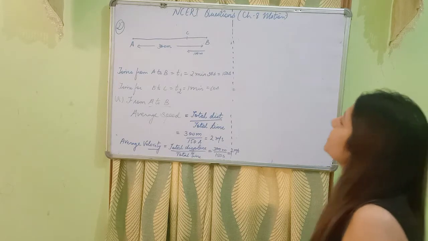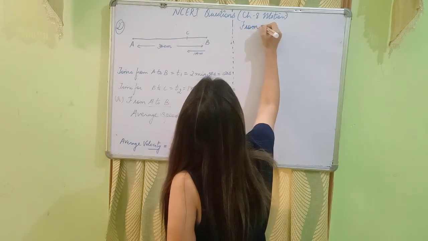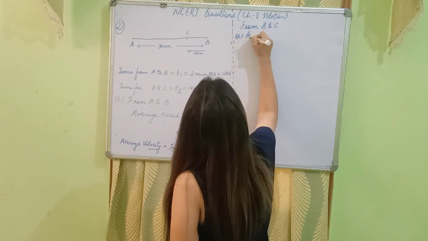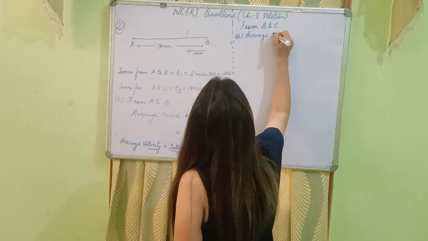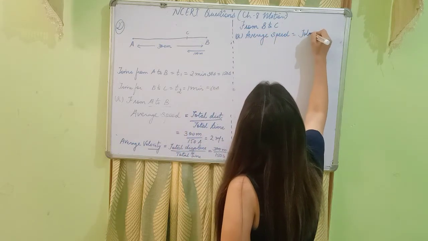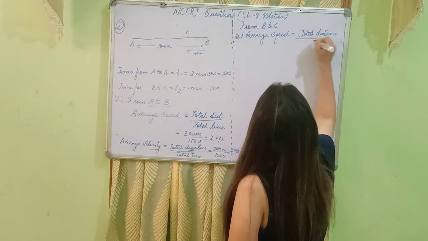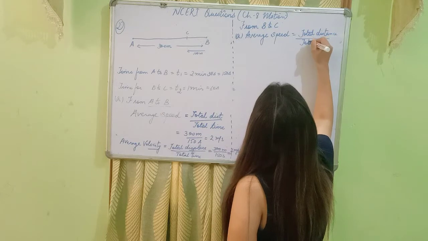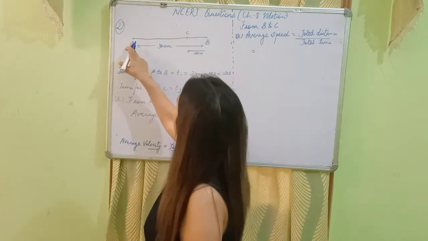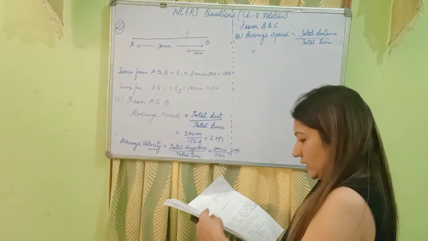Now from B to C, average speed is equal to total distance by total time. Now what is the total distance over here? What is the total distance from B to C?